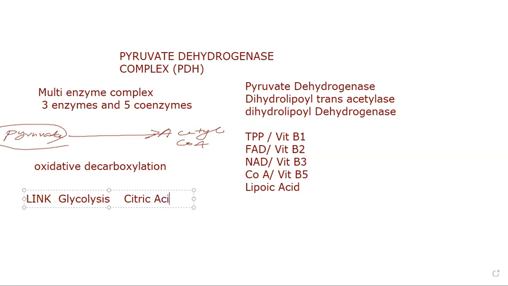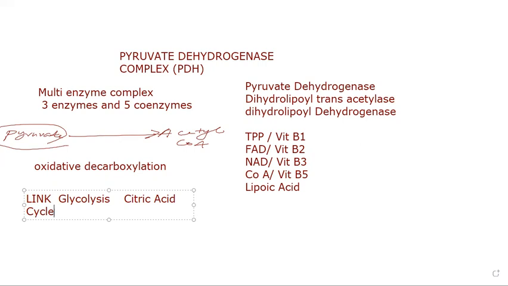The citric acid cycle is also called TCA cycle. This pyruvate to acetyl CoA step, which is oxidative decarboxylation, is a link between glycolysis and citric acid cycle. The glycolysis happens in the cytosol of the cell, and the conversion of pyruvate to acetyl CoA takes place in the mitochondria.